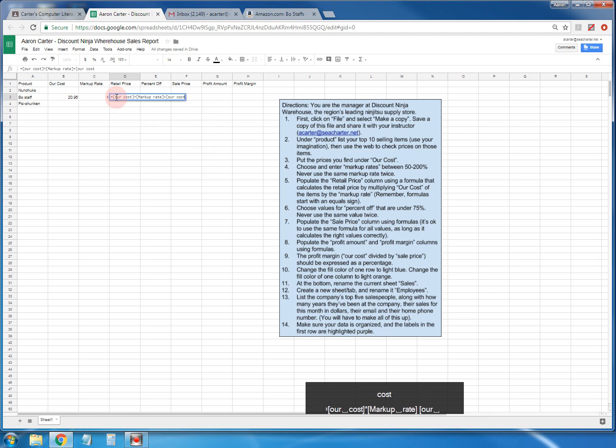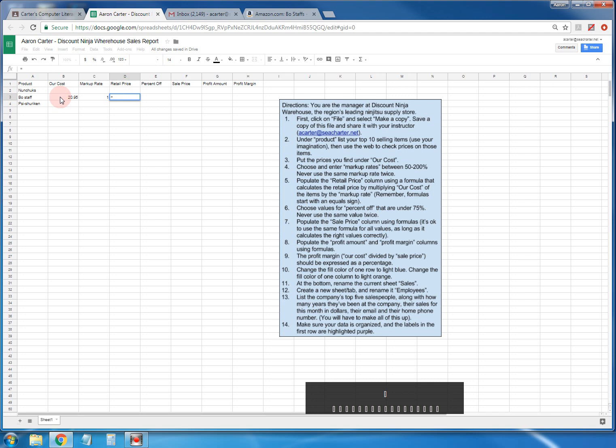You don't need to be typing this because this is just pseudocode. I'm just trying to communicate to you what we want the formula to calculate. It's going to be our cost times the markup rate plus our cost. How would we write that? Well, our cost is B3, right?